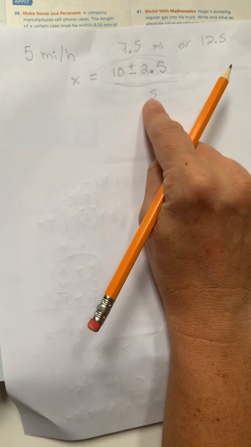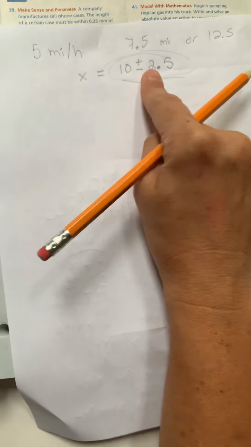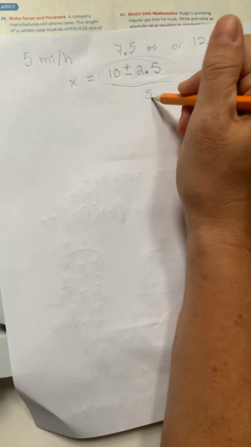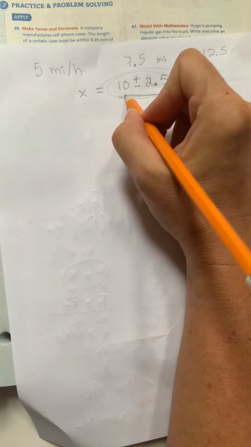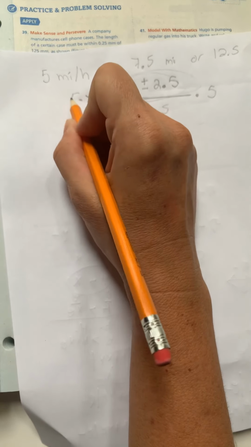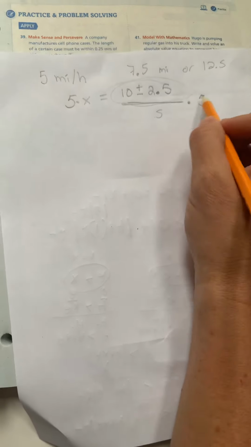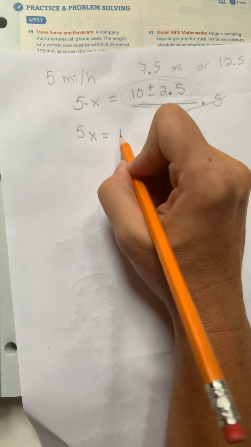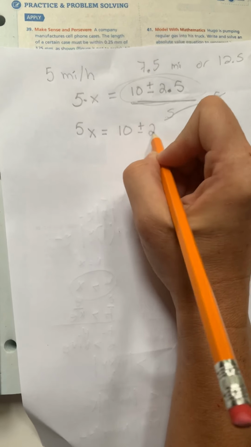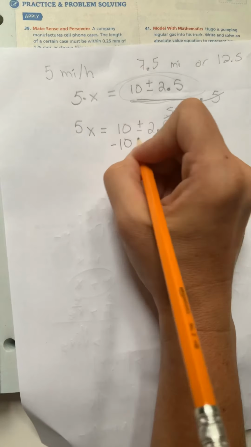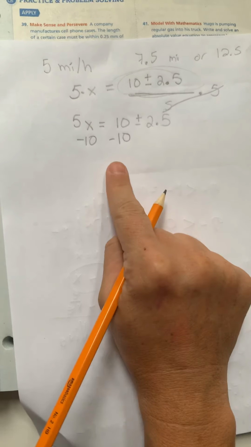To undo this and make this into an inequality, the first thing I need to do is get rid of this dividing by 5. And to do that, I multiply by 5. 5x equals 10 plus or minus 2.5. Now I'm going to subtract the 10 from both sides to move it over here.